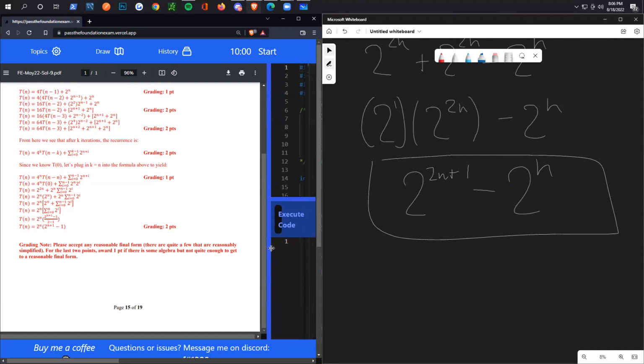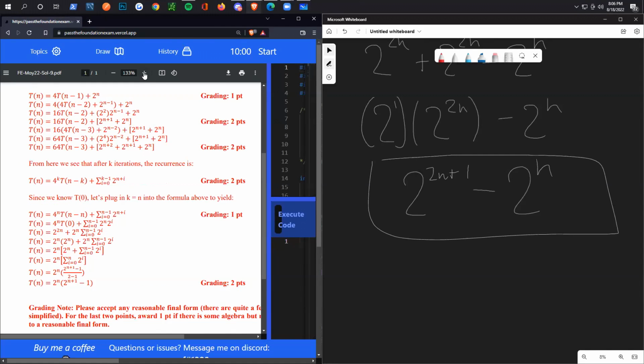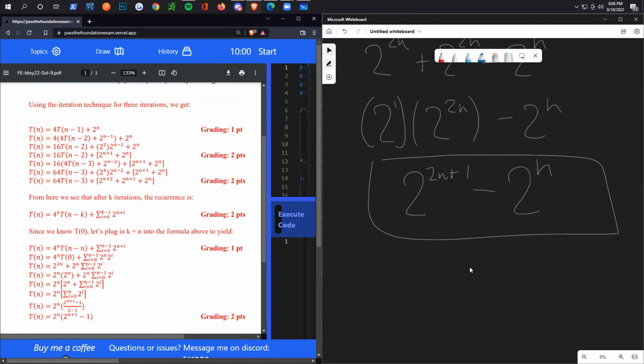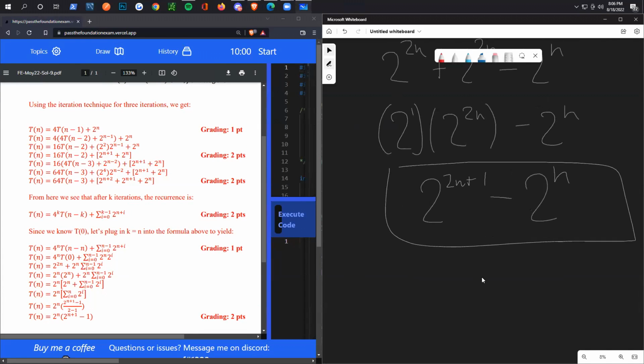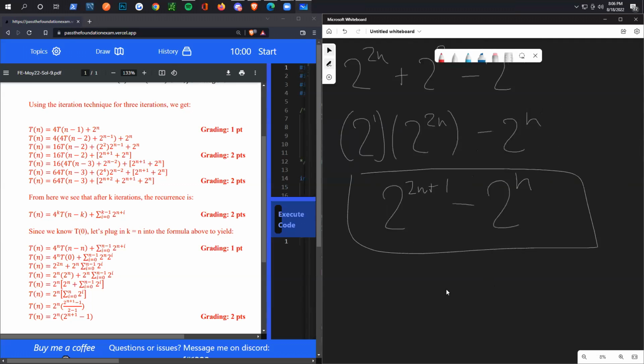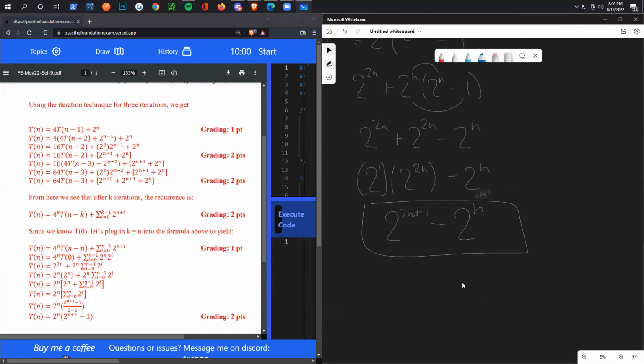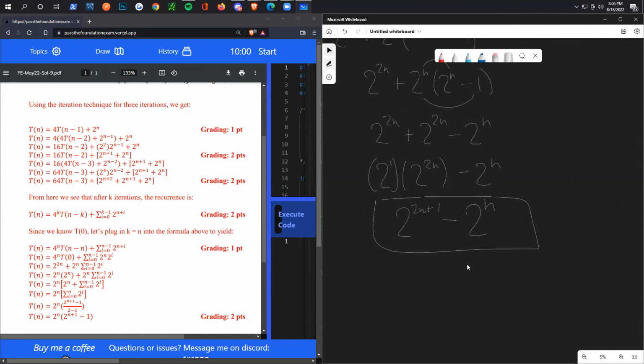Okay, so let me zoom in. Somebody asked real quick before I go over the answer, what would we put if they ask in terms of a big O bound? So right here, if you notice, we can remove all sorts of constants.